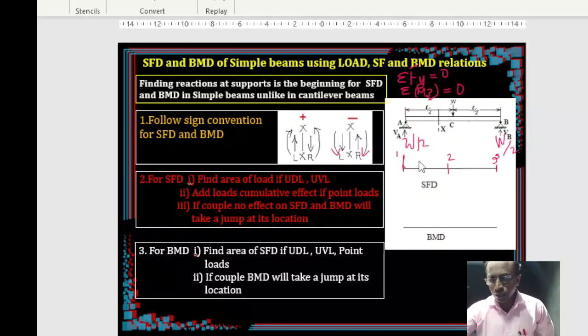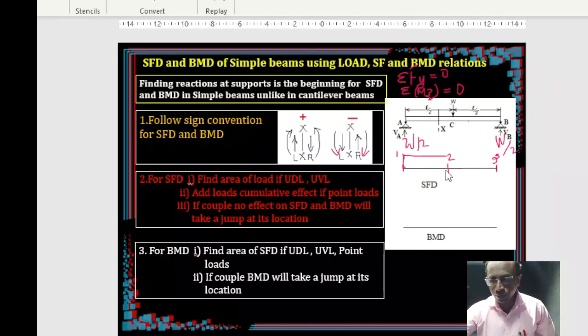Then you can continue, because in between there are no other loads. You can continue this up to point 2. Alright, so you continue that ordinate up to point 2. Now after reaching this point, there is a downward force acting.